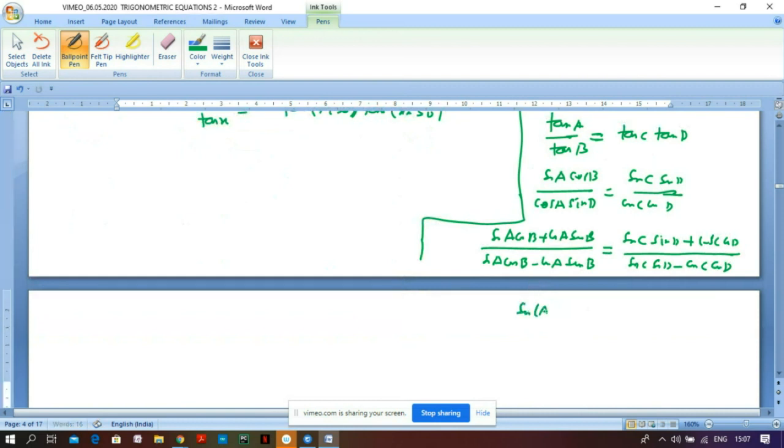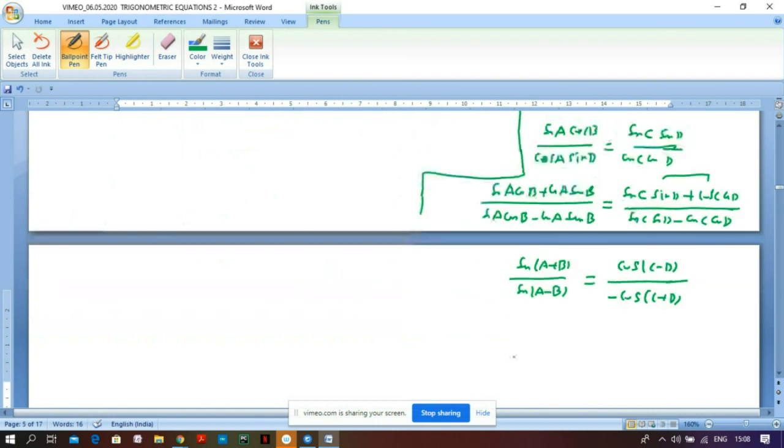So sine of (A plus B) over sine of (A minus B). Be careful on the right side. Cos C cos D plus sin C sin D is good. You get cos of (C minus D). That's all right. But here it is cos C cos D minus sin C sin D, negative of that. So that is negative of cos of (C plus D).